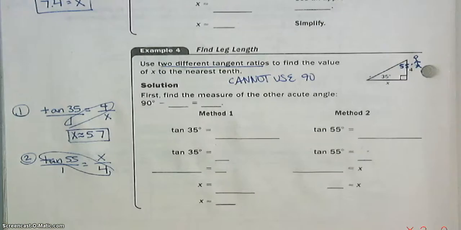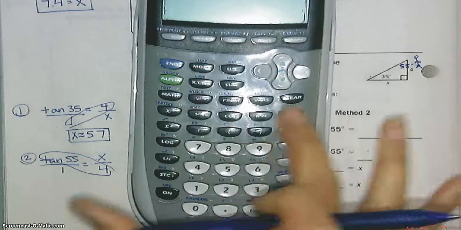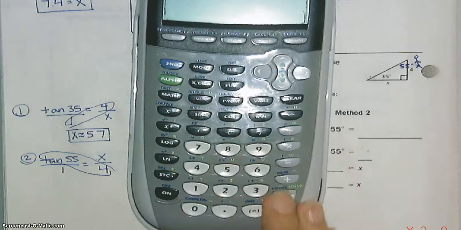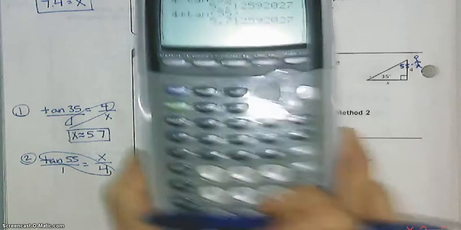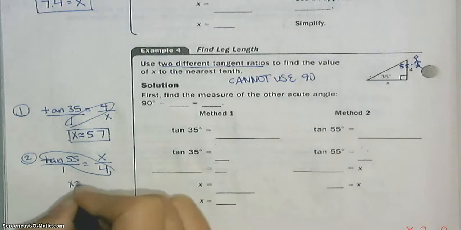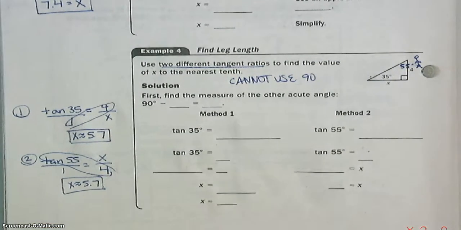Oh, now I just multiply. 4 times the tangent of 55. I don't have to divide. Let's divide by 1. Oh, same answer. 5.7. So you can use either method. Either one is fine.